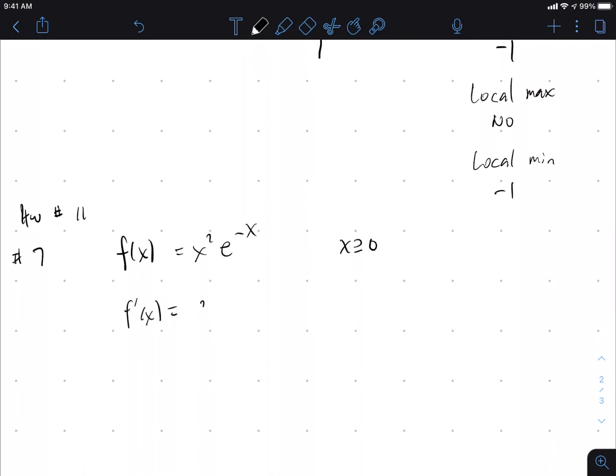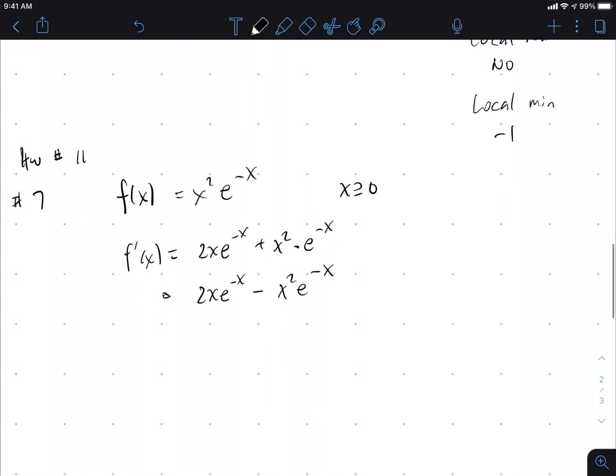So the derivative would be 2x e to the negative x plus x squared negative e to the negative x, which is going to give me 2x e to the negative x minus x squared e to the negative x. And for x being greater than 0, let's see if I can factor something out.